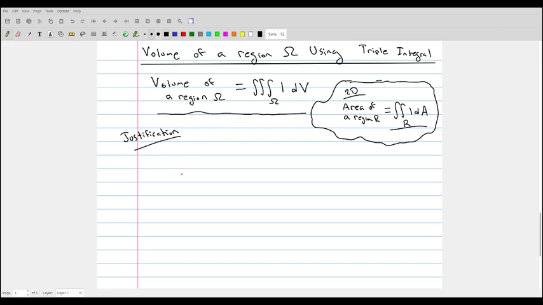If you consider the Riemann sum for the constant function 1 of this triple integral, it's the sum from i equals 1 to n, the sum from j equals 1 to n, and the sum from k equals 1 to n of 1 times delta x_i delta y_j delta z_k. Or better yet, it's just the sum of the volume of the ijkth rectangle.